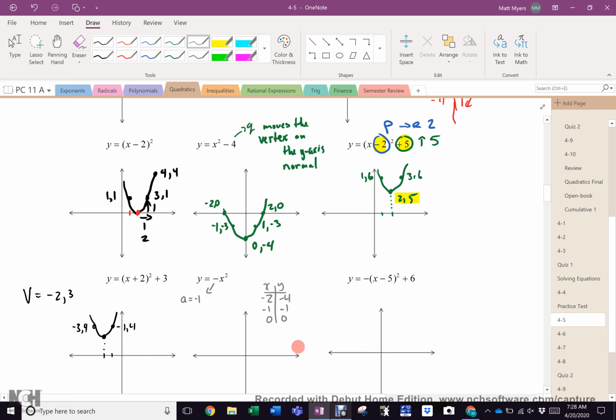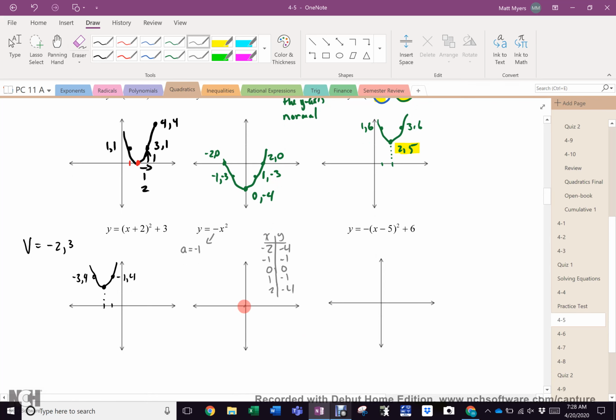Oops, I forgot 1. 1, -1, 2, -4. So the graph just turns over. A negative number there flips the graph. It reflects it over the y-axis. I call this a sad parabola because it's down.